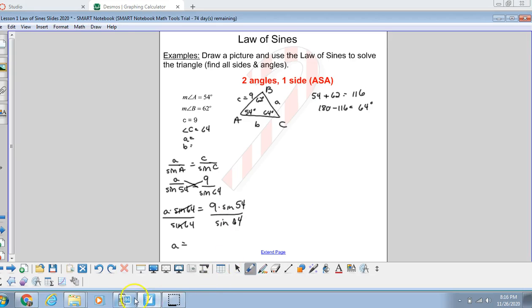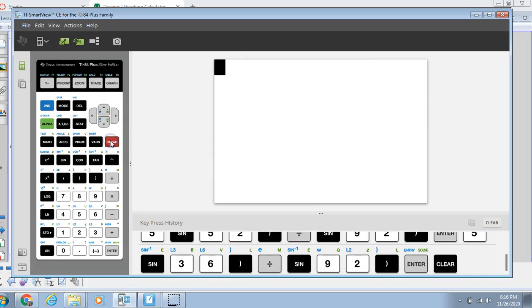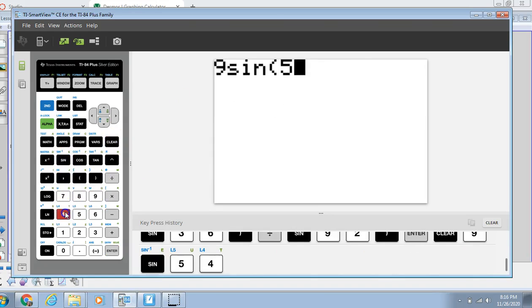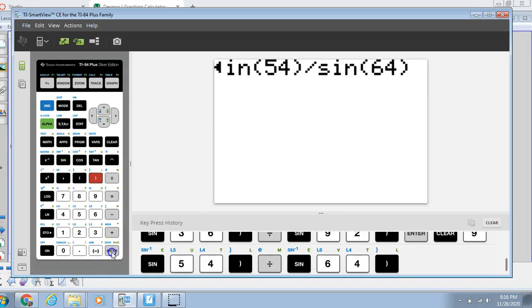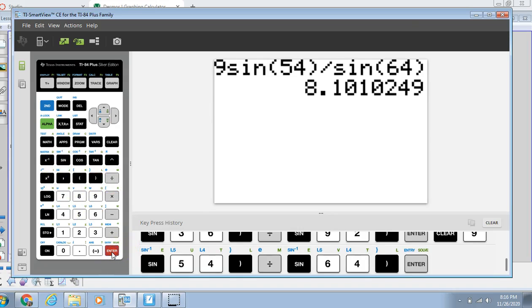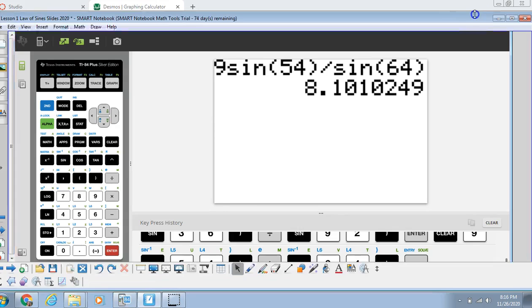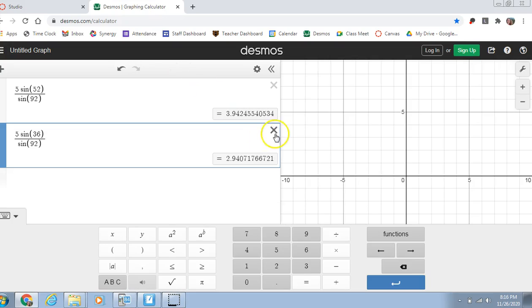I'm going to go over to my calculator and see what I get. I put that in. That is 9 times the sine of 54, close your parentheses, divided by the sine of 64, which is this number, 8.1. Now I'm going to go over to Desmos also and just show how to do that same calculation in Desmos.